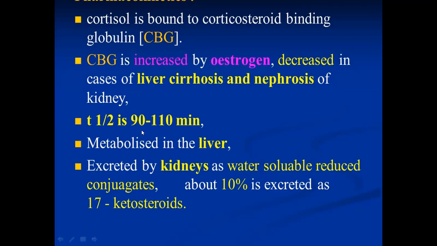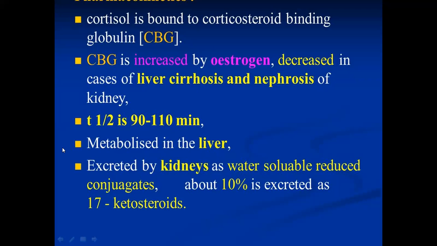And T half life. What is the T half life? 90 to 110 minutes. So this is the T half life. Corticosteroid is bound to the corticosteroid binding globulin. Under distribution, the protein binding point is given here. This binding globulin is known as CBG.